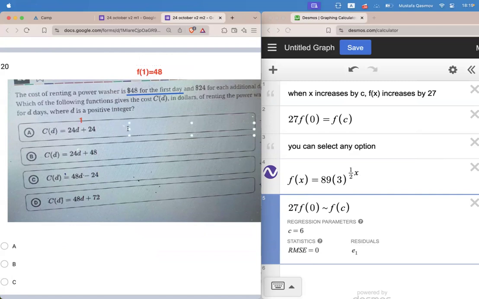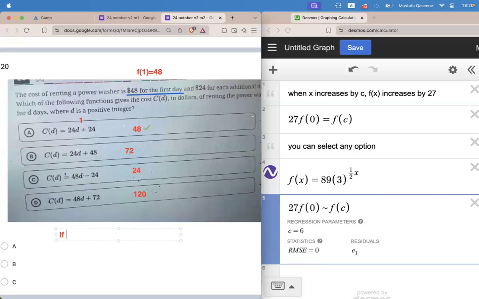But you have to check all of them. 48, 72, 24, and 130 maybe. 120. Also, let's add it here.